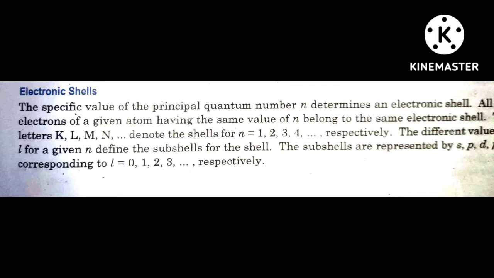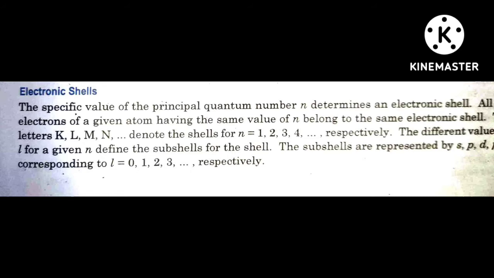Electronic cells. The specific value of the principal quantum number n determines an electronic cell. All the electrons of a given atom having the same value of n belong to the same electronic cell.